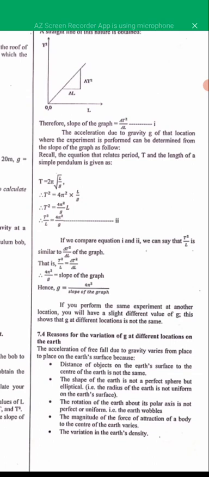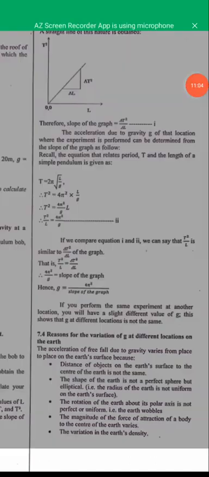In other words, the earth wobbles. It is not perfect. Number four, the magnitude of the force of attraction of a body to the center of the earth varies. My attraction to the center of the earth varies from the attraction of another person. And number five, the variation in the earth's density. These are reasons why g varies at different locations on the earth.